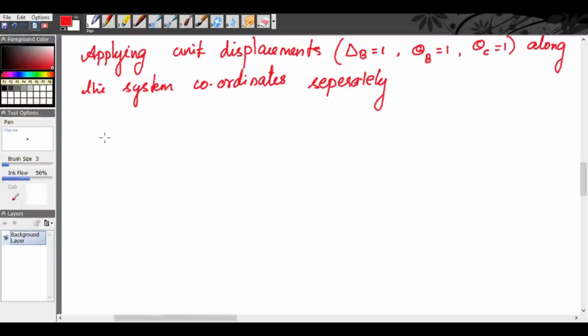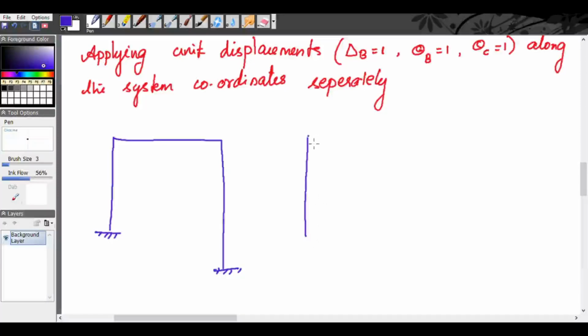So the first time when we are applying the unit displacement, our first unit displacement is delta B. So we will draw all the 3 cases.